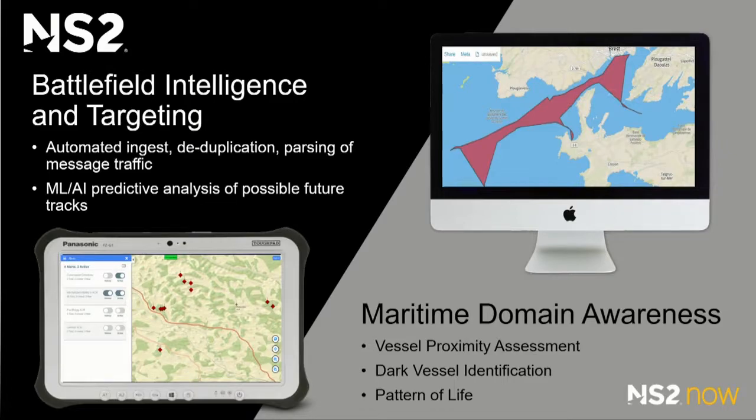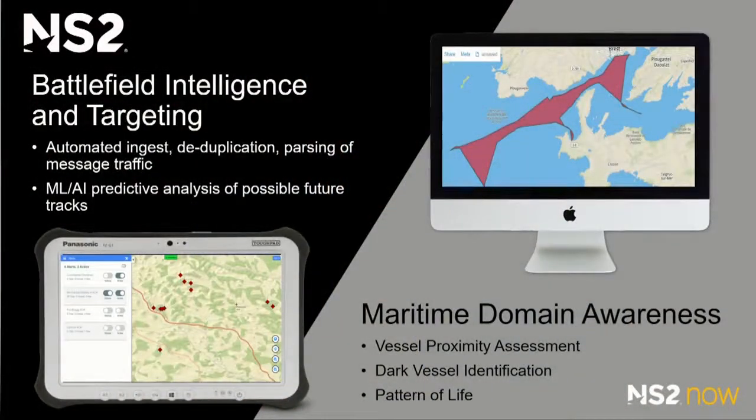It parses that message traffic using natural language processing powered by the SAP text analysis software technology. It also does machine learning and artificial intelligence predictive analysis of possible future tracks of an adversary unit based on terrain and the type of the unit.